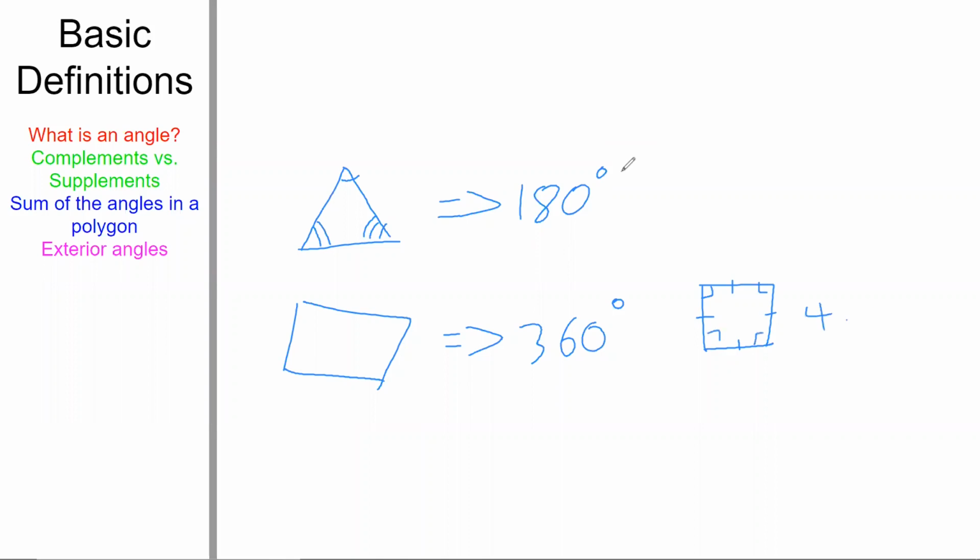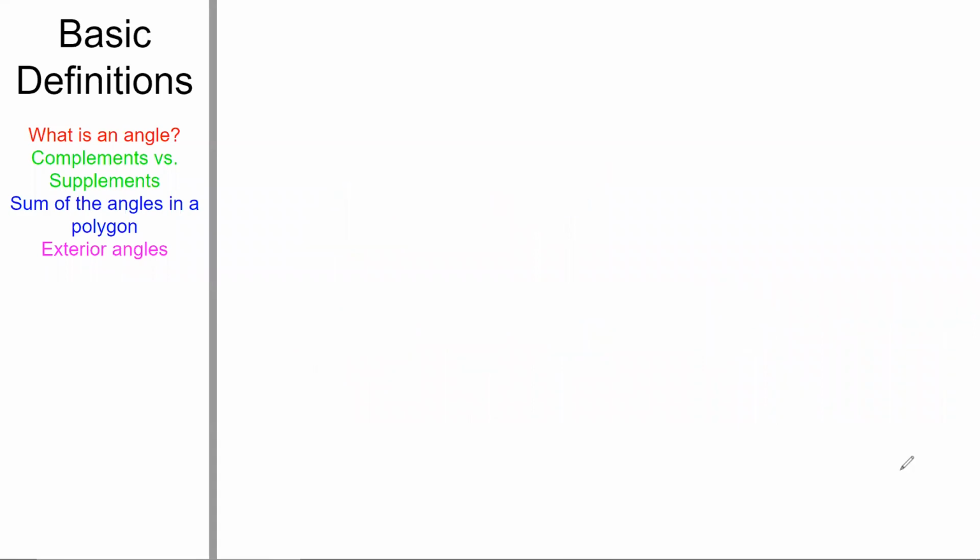So 4 times 90 degrees is 360 degrees. Now there is a formula for the sum of the angles of any polygon given its number of sides. And that formula is 180 times n minus 2, where n is the number of sides.